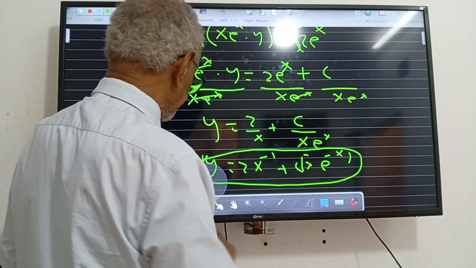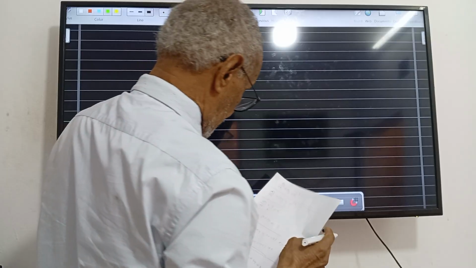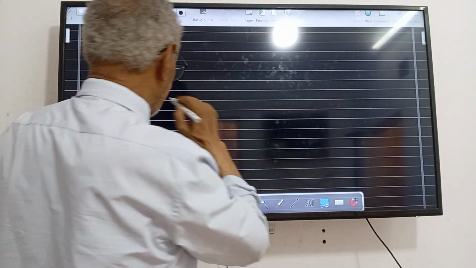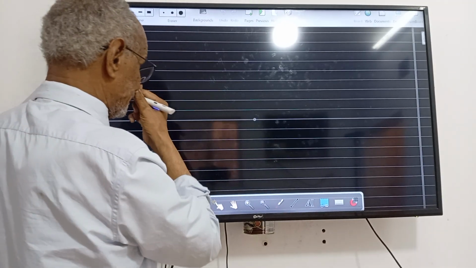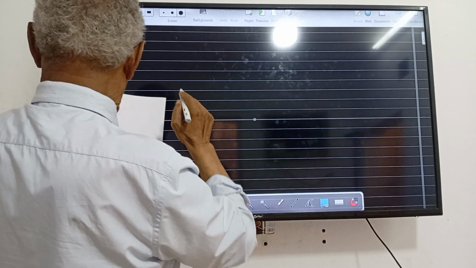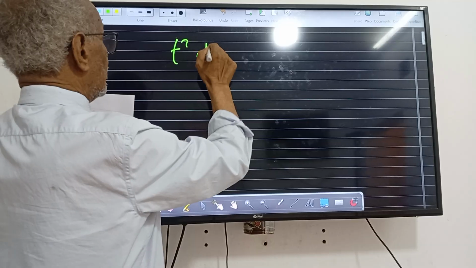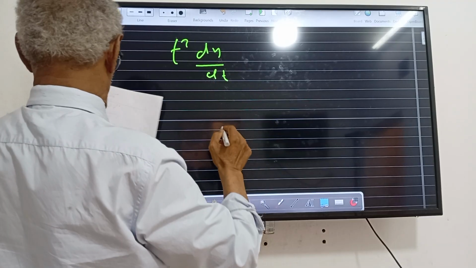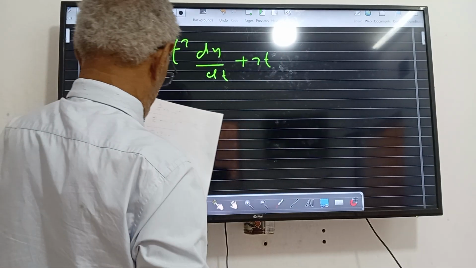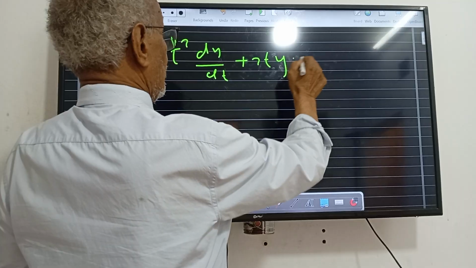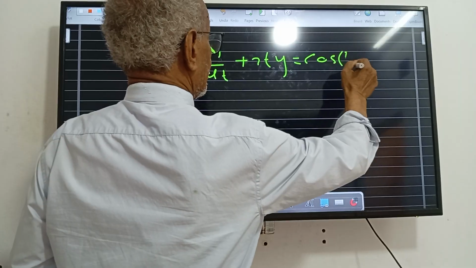Let us use this example: t squared dy over dt plus 2t y equals cosine t.